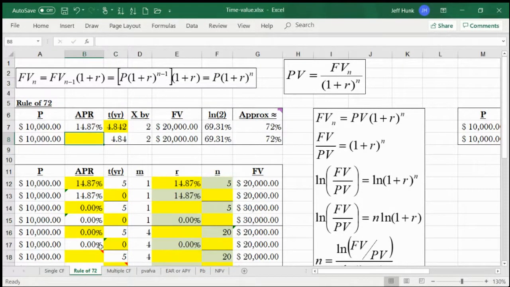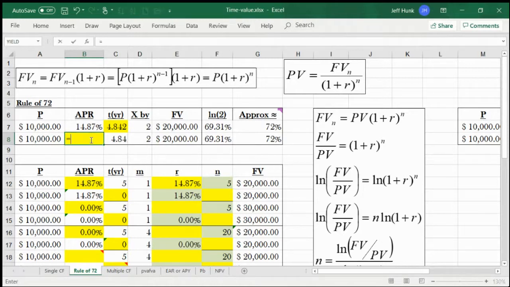What should be the APR? Then using that formula, right? The formula is what? I mean, the rule of 72. The actual formula, we can do better with the actual formula. We know how to do that.